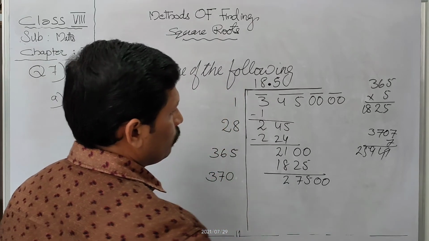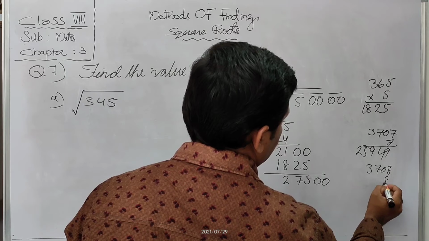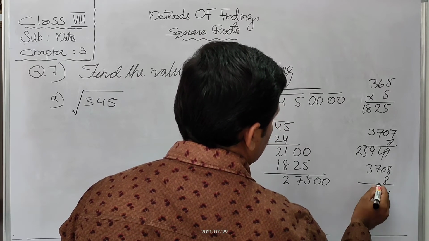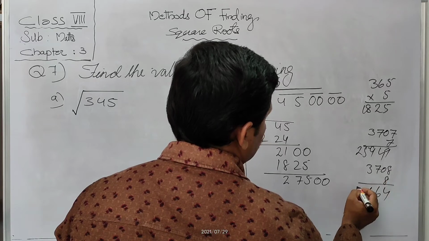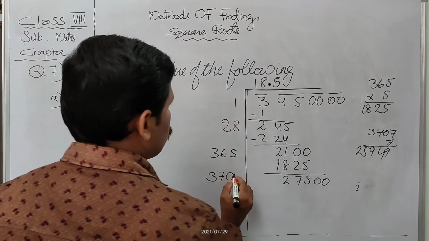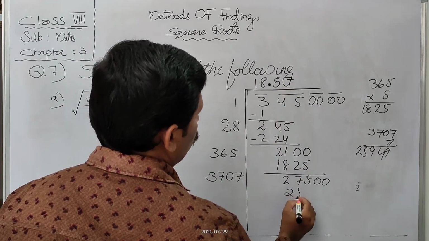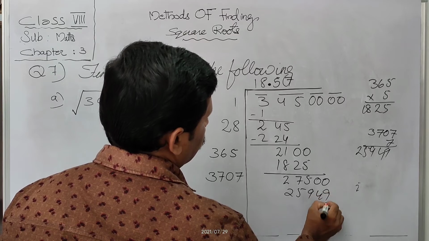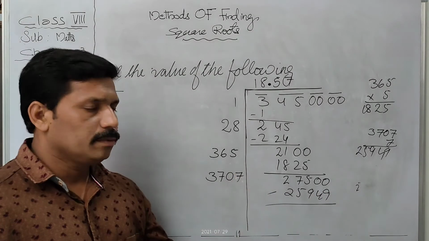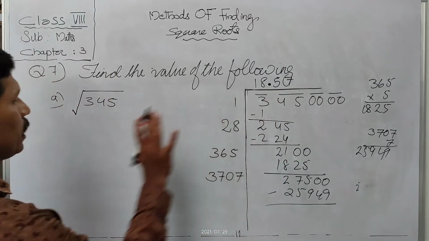If we take 8, 3708 into 8. 8 8s are 64, 8 7s are 56, remainder 5, 29,000. So 8 times will not come. 7 times. So we write here 7, here also, and 2 5 9 4 9. Subtract. If we continue, this decimal part will continue like that. So we can stop up to here, it is enough.